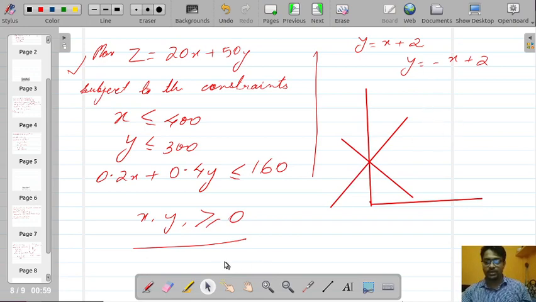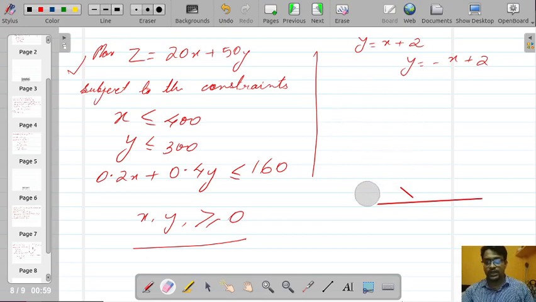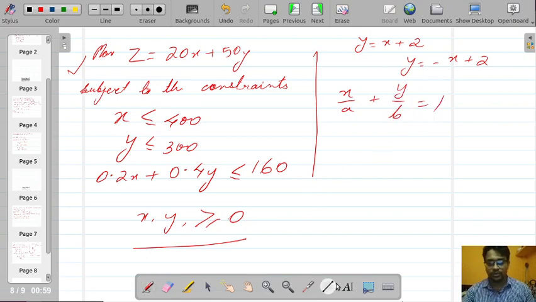In particular, if I say a straight line of the type given in intercept form, that is something like x by a plus y by b equal to 1, how do I plot that straight line? It's quite simple. a is the x intercept and b is the y intercept.